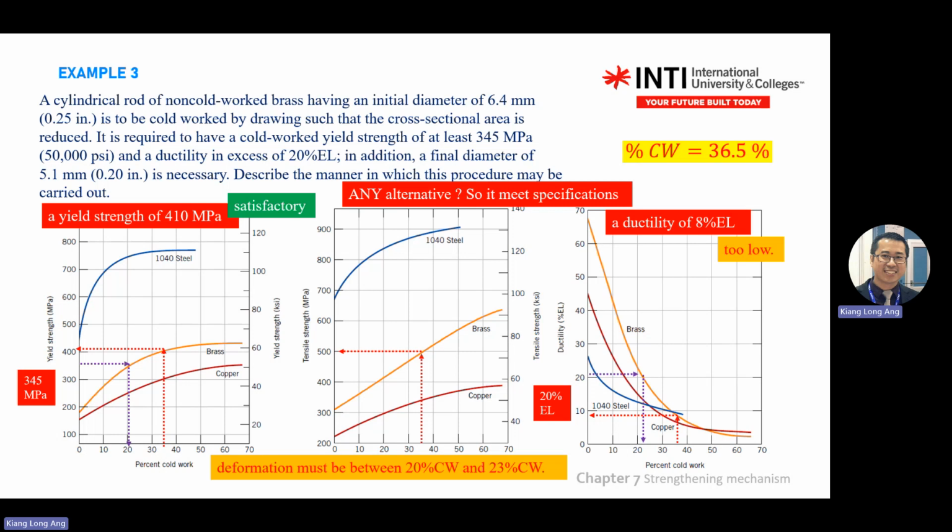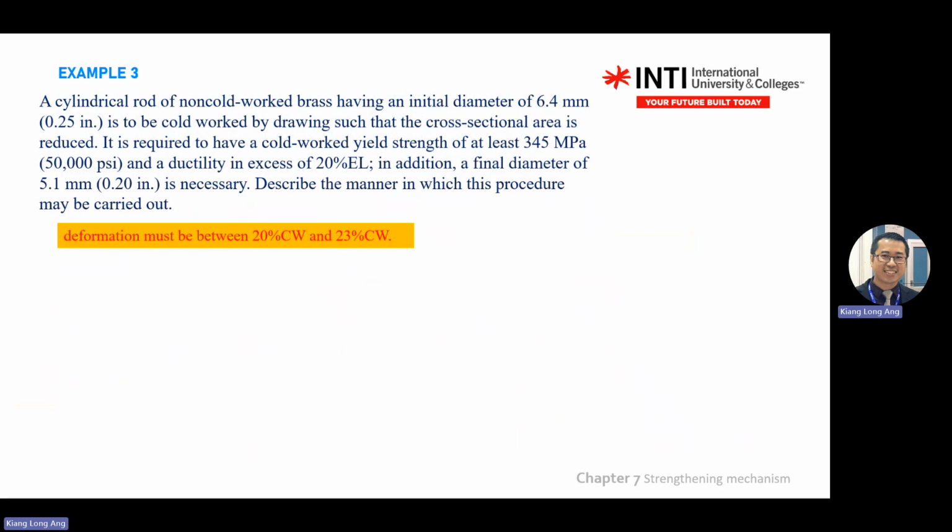The deformation must be between, like this one, the 345, like what you said just now, 345, you drop down, you get 20%. So you get a range from 20 to 23% of cold work. Okay, you need to choose one value.